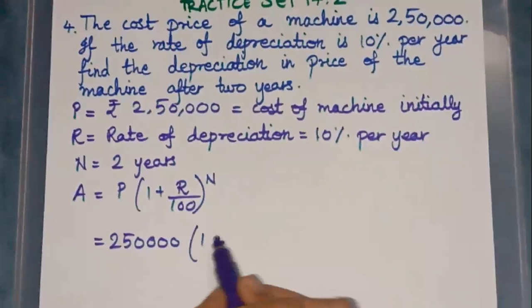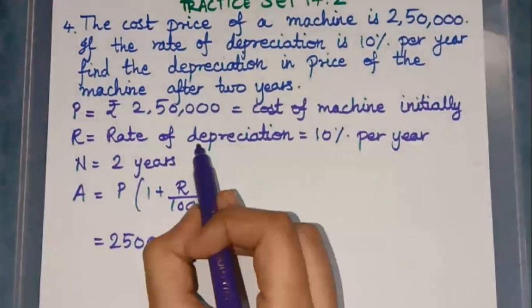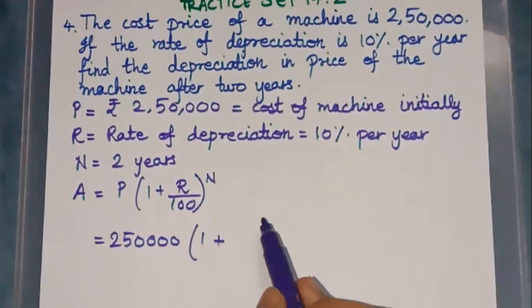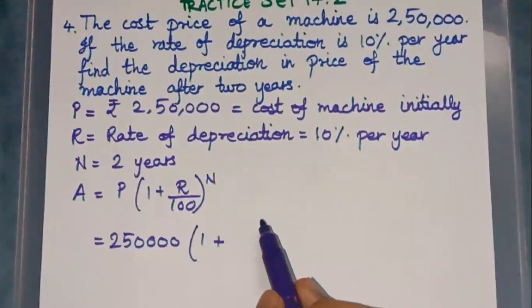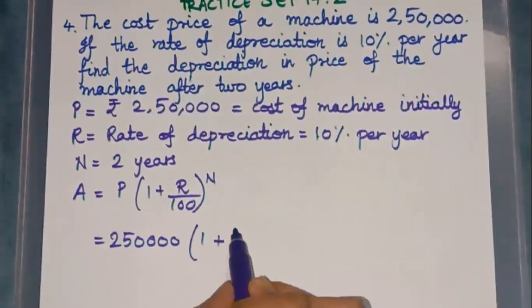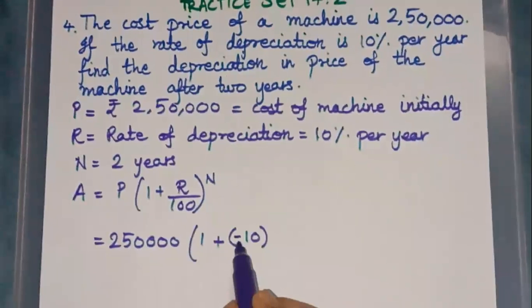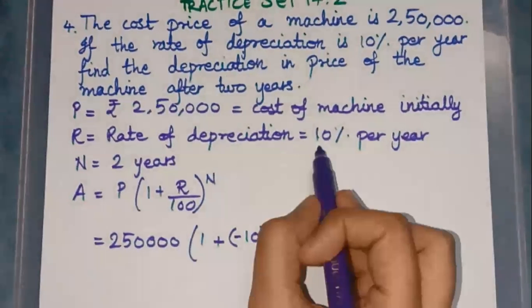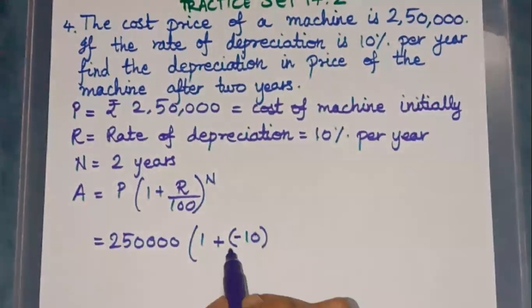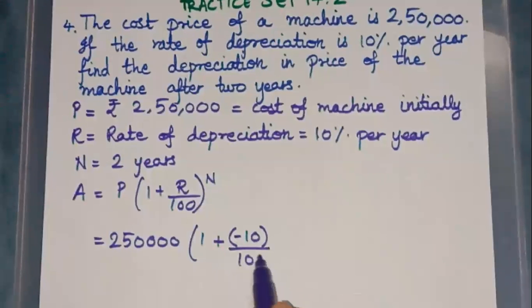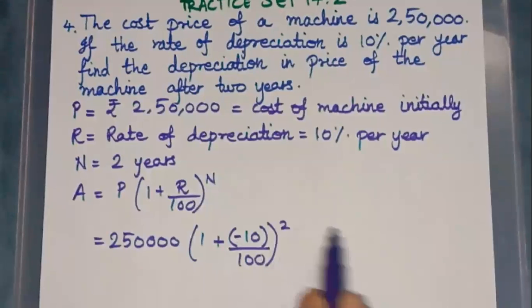Now here girls, you have depreciation. Depreciation basically means decrease in something. So in order to put it as a decrease, I will have to put a minus sign with the interest that is given. So here I am putting it as minus 10 upon 100 raised to 2.